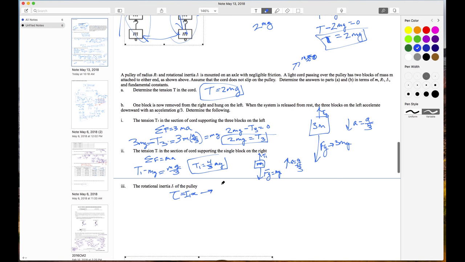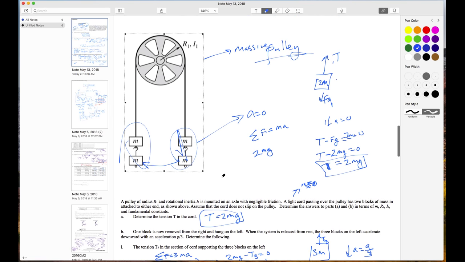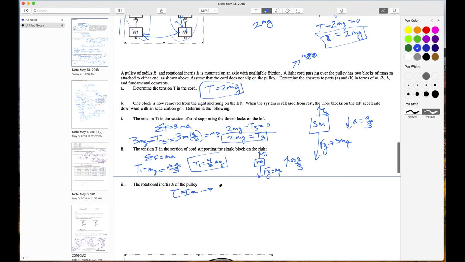And I know my R value. The R value is R1. So if I wanted to rewrite this, I could say that a over R1 is equal to alpha, and likewise that is also equal to g over 3 R1.